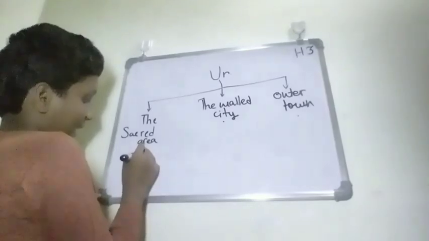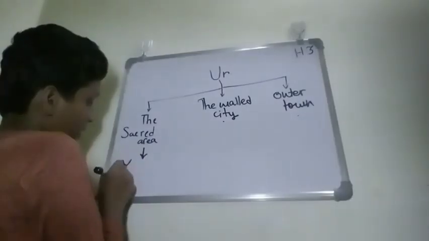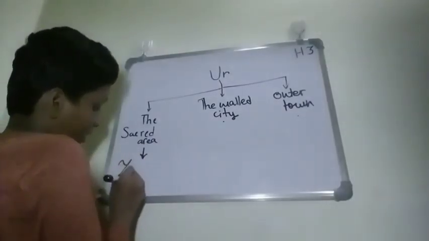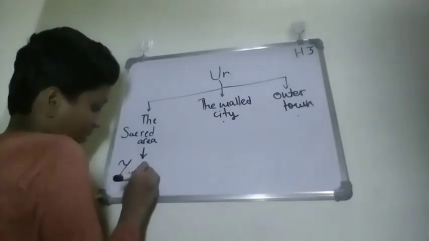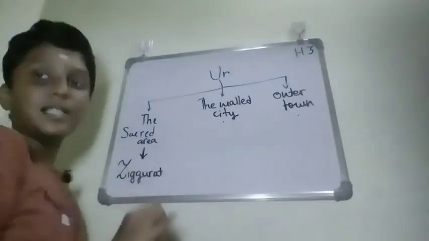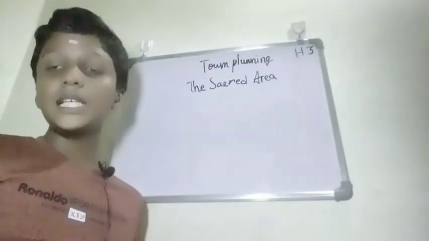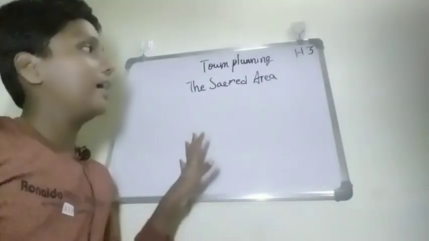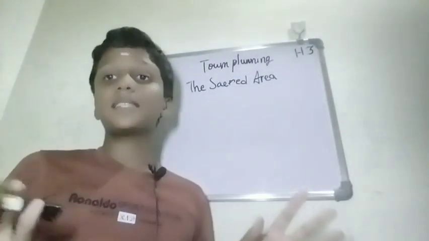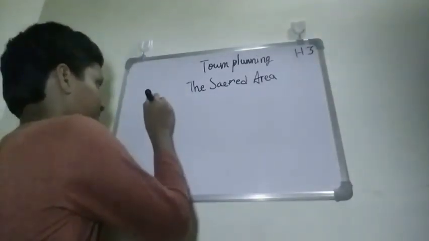In the sacred area, we had a massive structure called the ziggurat. In the sacred area, you could find a massive step pyramid structure.